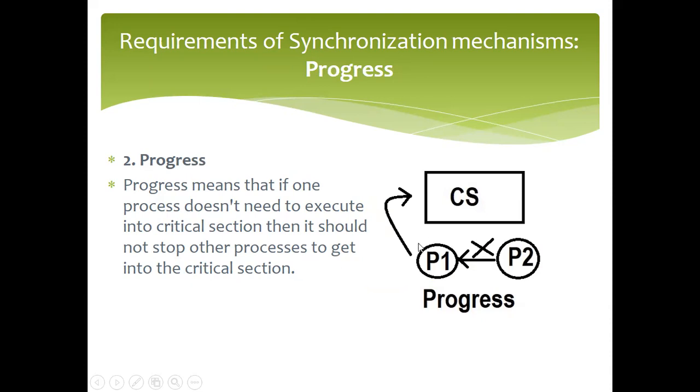It is like one process just wants to enter the critical section, for example, P1 needs to use the critical section, but P1 doesn't enter the critical section. Why?